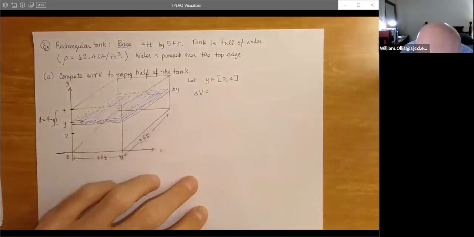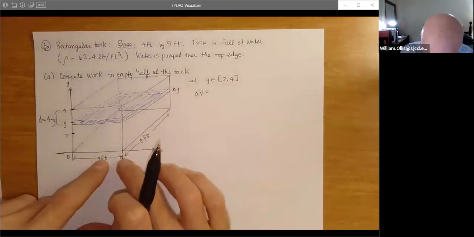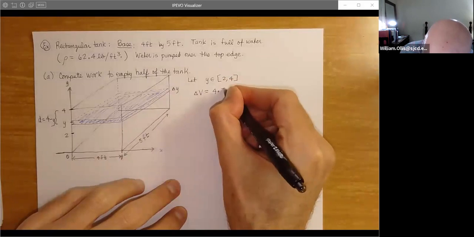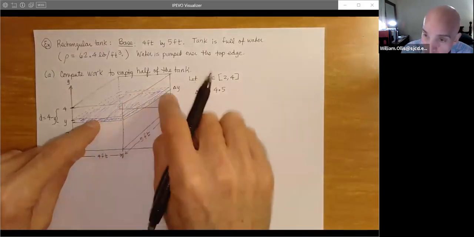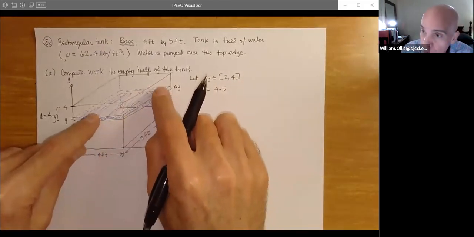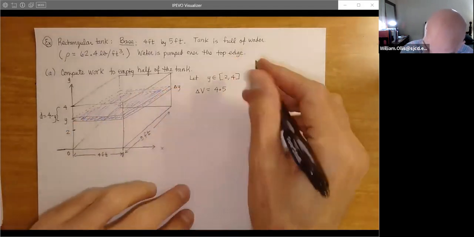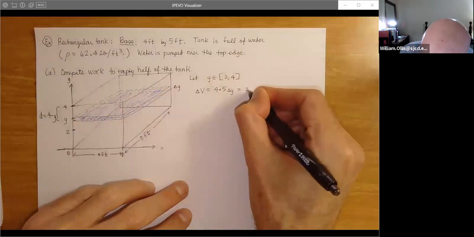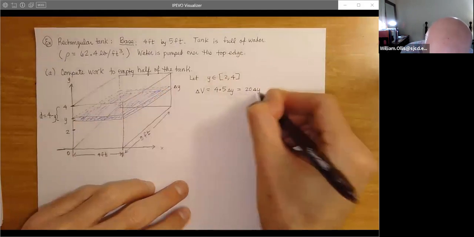What's the volume? Well, again, we have the 4 times the 5. That is the area of the slab, and then the volume we get by multiplying by delta y. So again, this gives us 20 delta y.